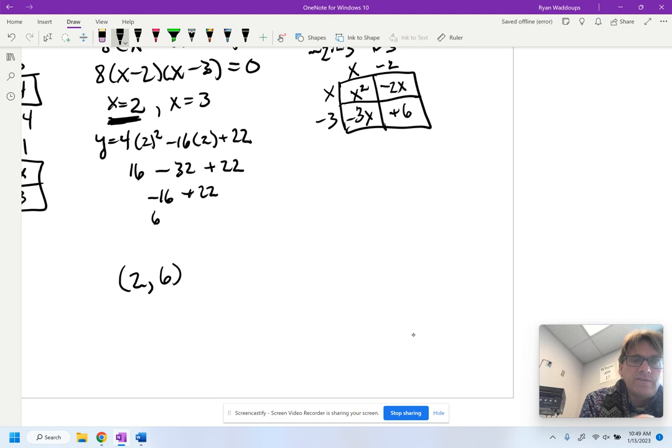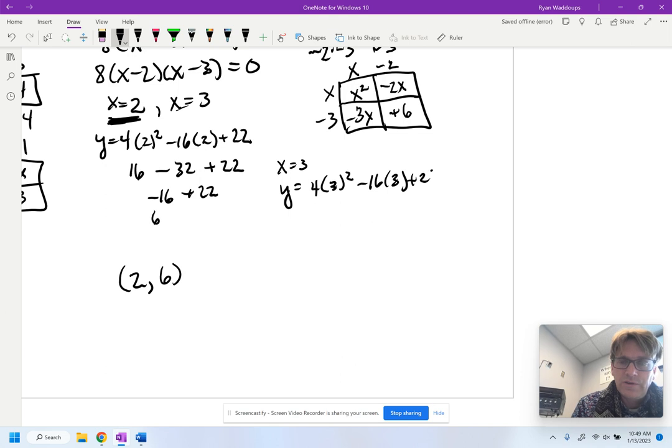Now we're going to go in and find x equals 3. So I'll just go over here and write, let's say x equals 3. Y then equals 4 times 3 squared minus 16 times 3 plus 22. And that's 4 times 9. 4 times 9 is 36. Minus 16 times 3 would be 48 plus 22.